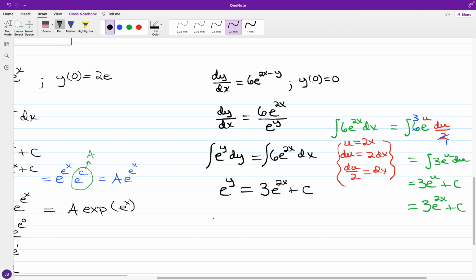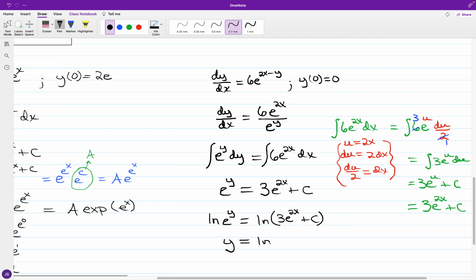And now we've got e to the y, and to go from e to the y to y itself, I can just take the natural logarithm of both sides. The natural logarithm of e to the y will go to y.